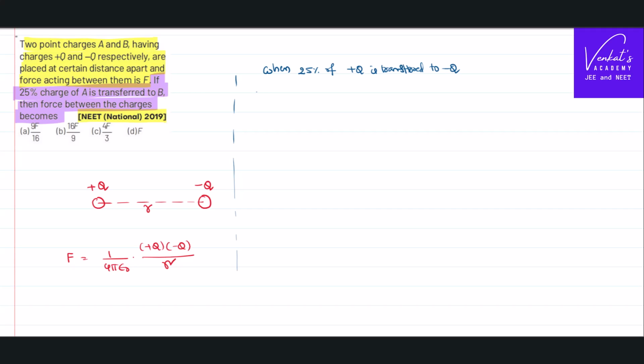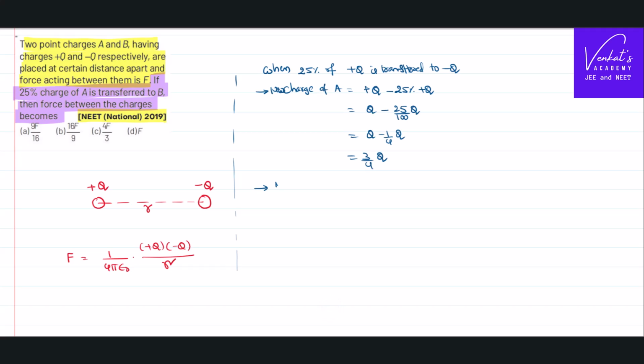The new charge of A is the original charge plus Q minus 25% of that plus Q. It is transferred, right? So Q minus 25% means 25 by 100 of Q, that is Q minus 1 by 4 Q, that is 3 by 4 Q positive.